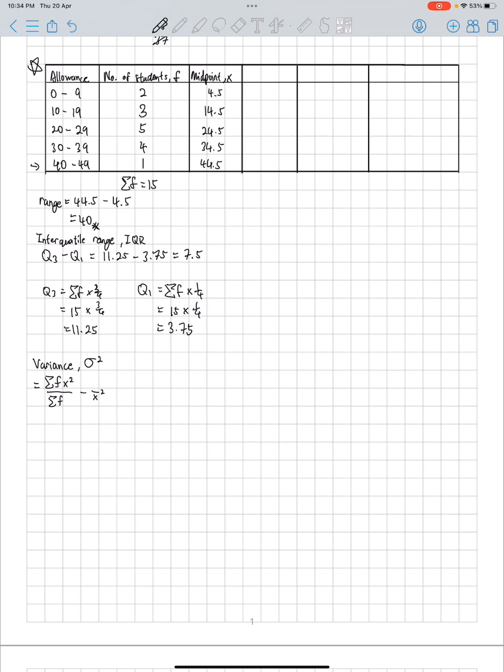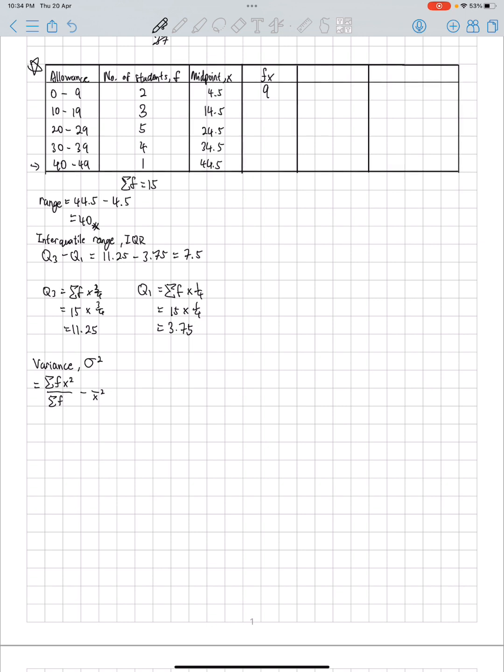So next, what we need to do is find fx square. So how to find fx square? First, every time we will do this fx. So fx means f times x. So you get 4.5 times 2 equals 9.